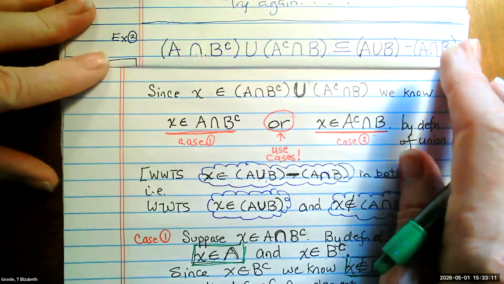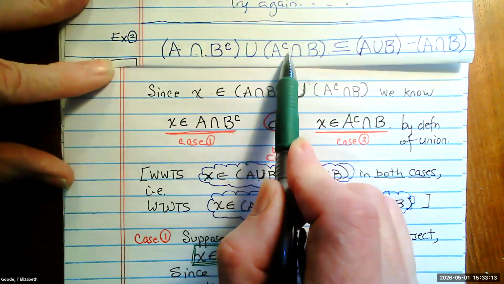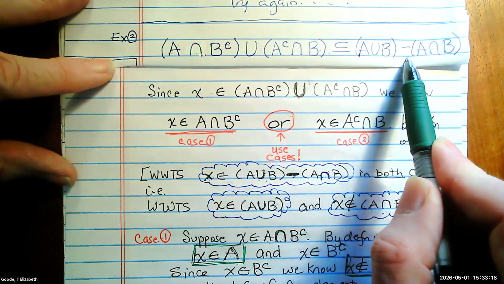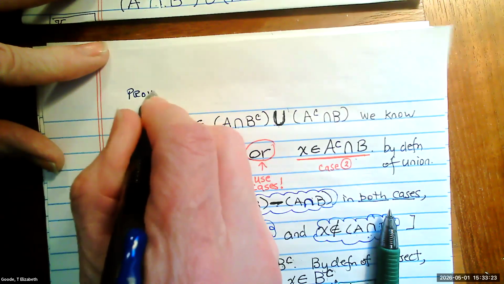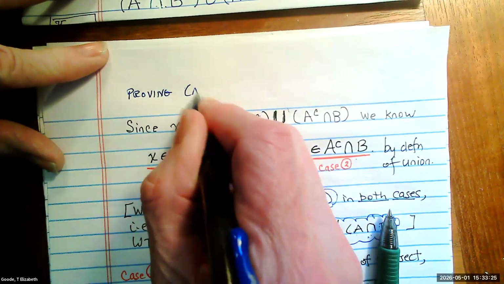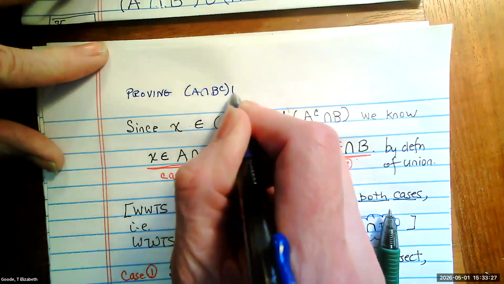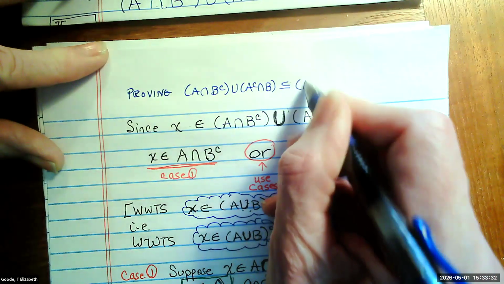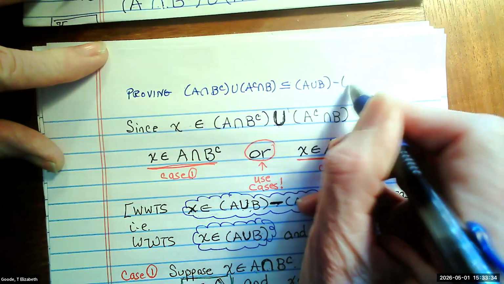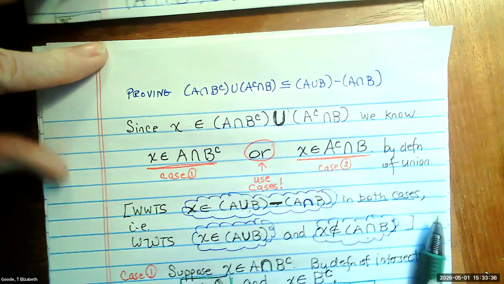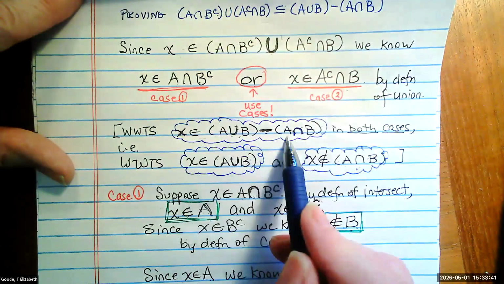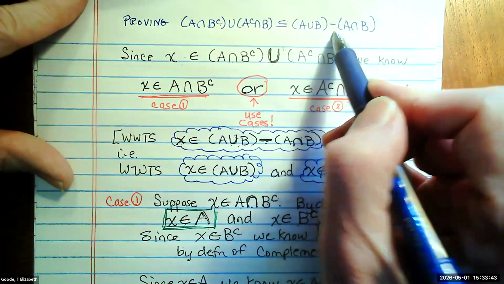Subset inclusion in that direction. We started with X in here, see? And we're trying to get X over there. Remember? So I'll put this up here, proving A intersect B complement union A complement intersect B is a subset of A union B minus A intersect B. We started with an X in here, and now we're pushing it to get our wish, just to get it over there.